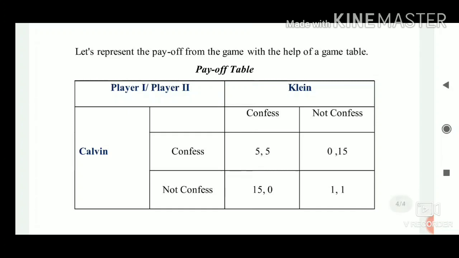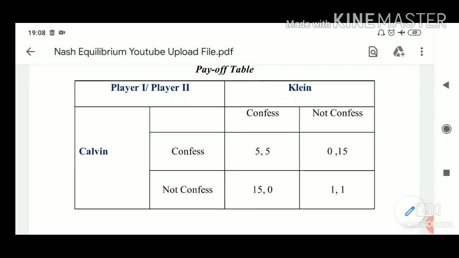Now let's represent the payoff from the game with the help of a game table. Here the row represents Calvin's payoff and the column shows Klein's payoff. This is a competitive interaction because the action of one player affects the actions of the other player and vice versa.